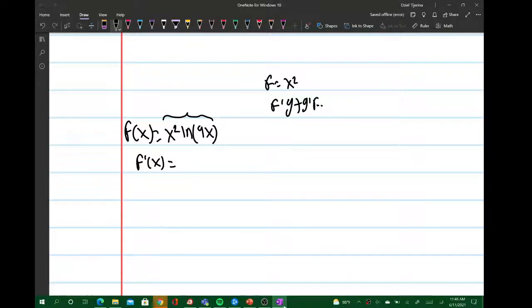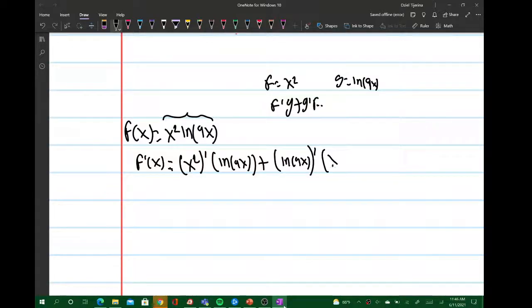With this one, we know that f is x squared, right? And g is ln of 9x. So this is going to be x squared prime times natural log of 9x plus natural log of 9x prime times x squared.